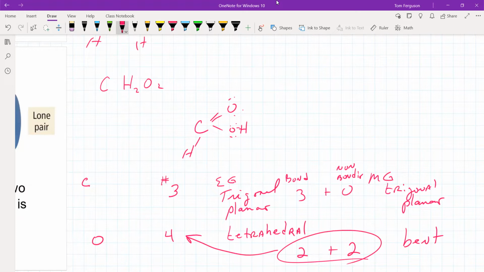So I didn't really draw that correctly, did I? I should have drawn it bent. So let's correct that. That would be a more accurate appearance of that.